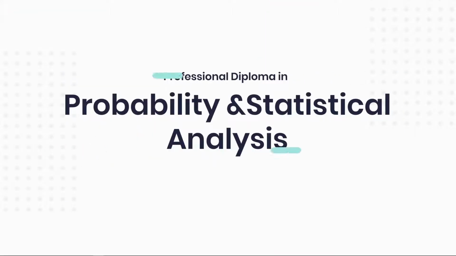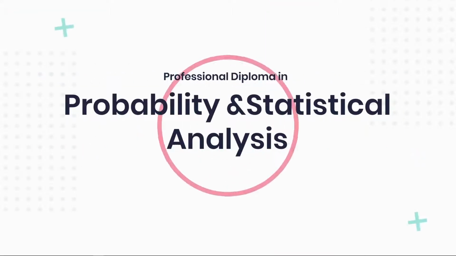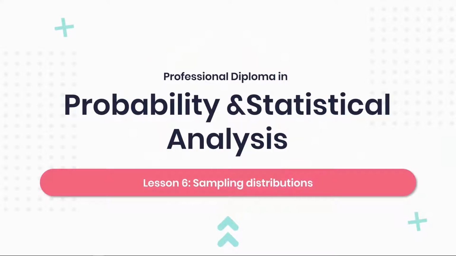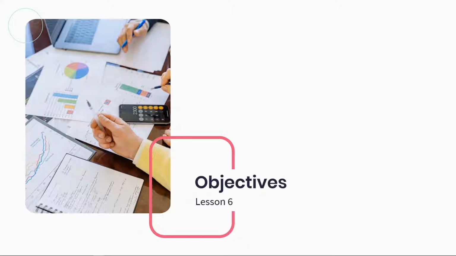This is your professional diploma course in statistical analysis, lesson 6, where we will be discussing more about sampling distributions. Today's lesson is a jam-packed lesson that will form part of the building blocks to your analytical career. We will kick the lesson off by understanding the concepts of skewness and kurtosis we discussed in the previous lesson in more detail.